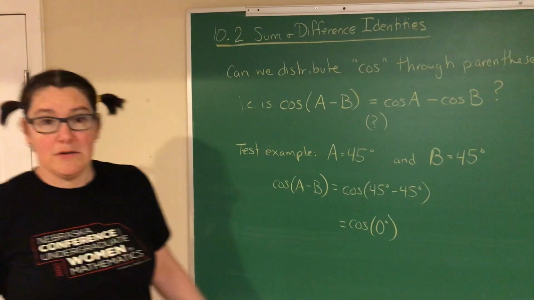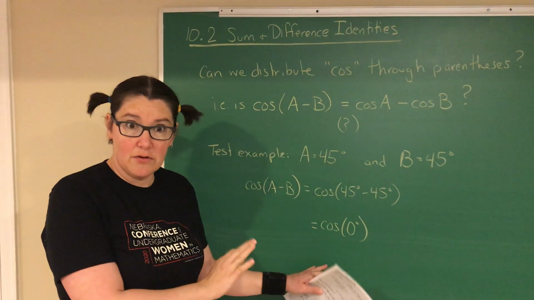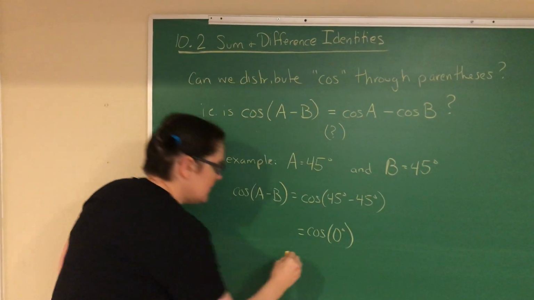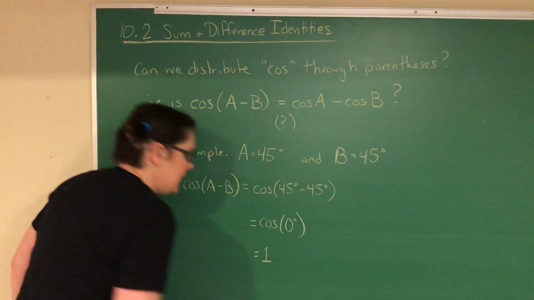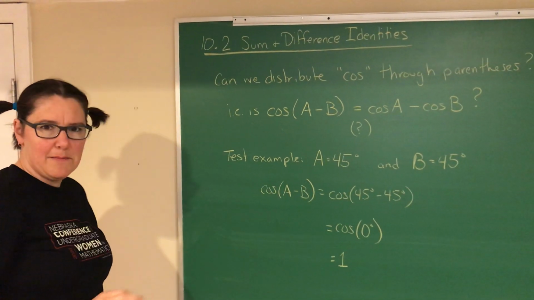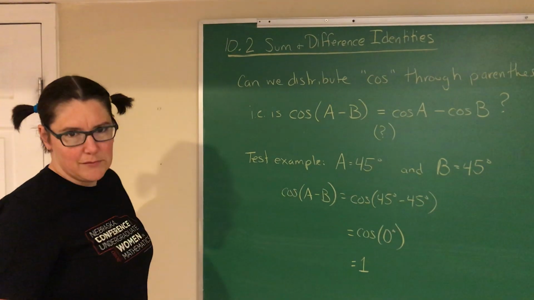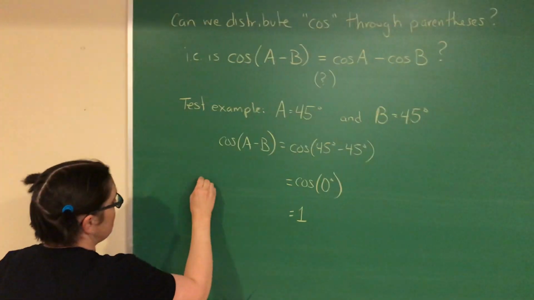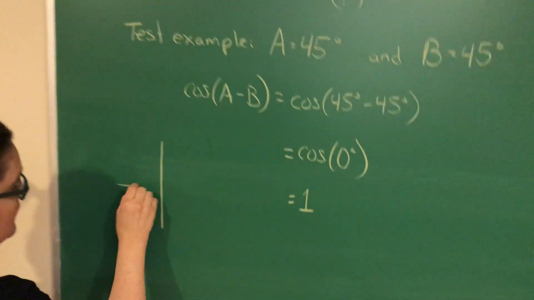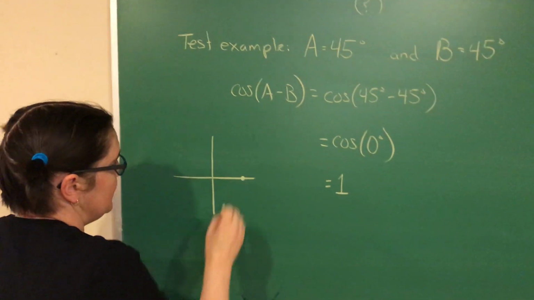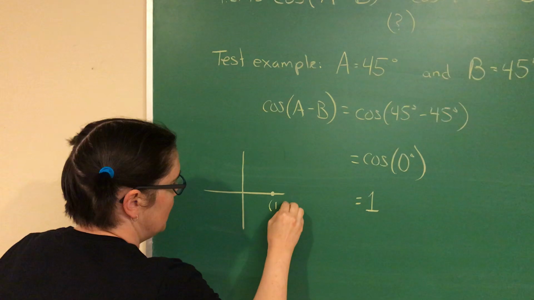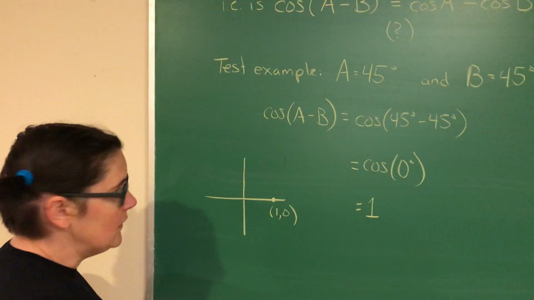And if I was a rock star with my cosine functions right now, I might know that cosine of 0 degrees is equal to 1, but if I hadn't thought about my trig values in a little while because we've been doing identities for a few days, 0 degrees is one of our quadrantal angles, and so I can mark that on the xy axis, and that point is the point (1, 0).